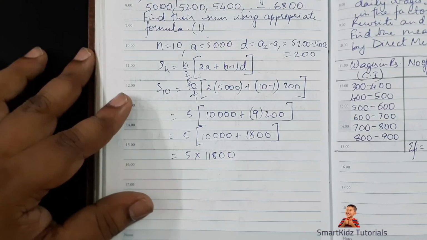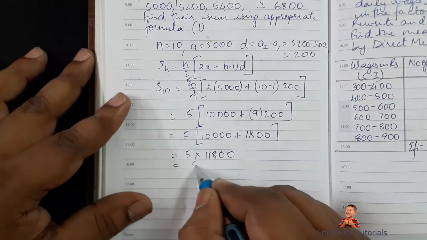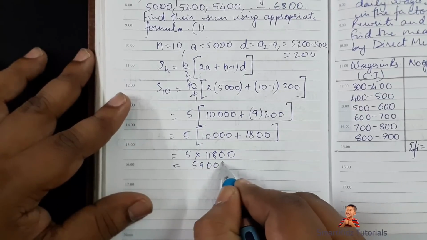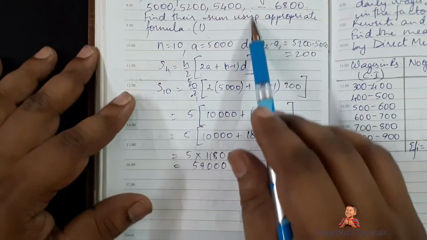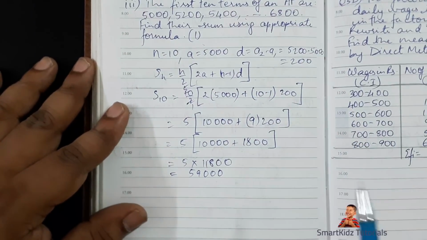So 5 into 11,800 will give us 59,000. Okay, so that is the sum of the given sequence for 1 mark.